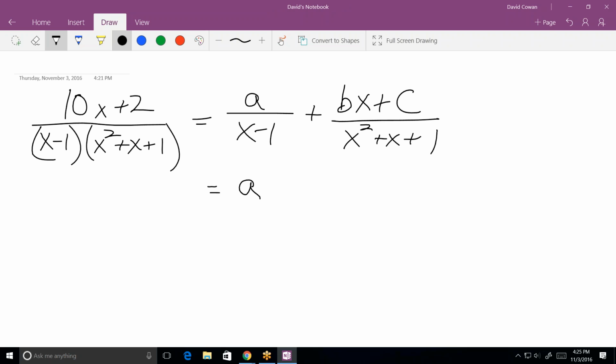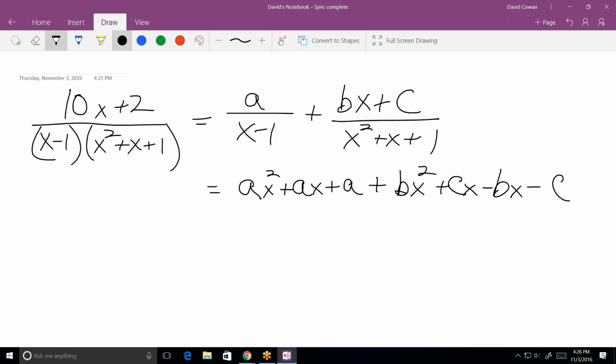Let me speed it up a little bit and I'll distribute it. Plus Ax plus A, plus, what's x minus 1 times bx plus c? Bx squared plus cx minus bx minus c. Combine all like terms. So ax squared plus bx squared.